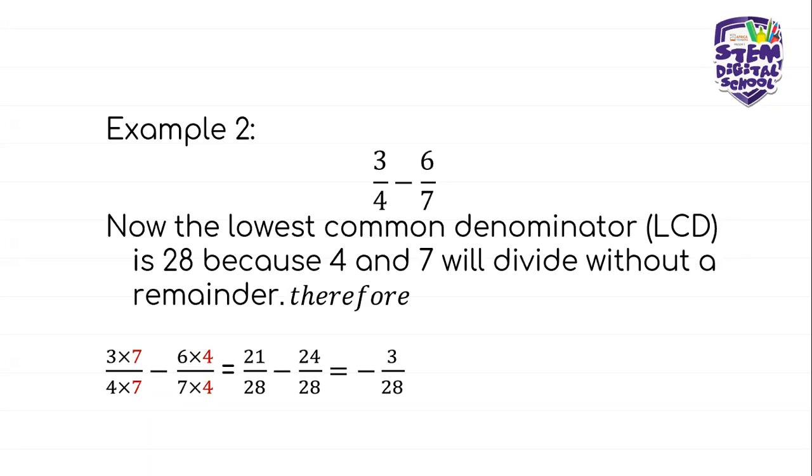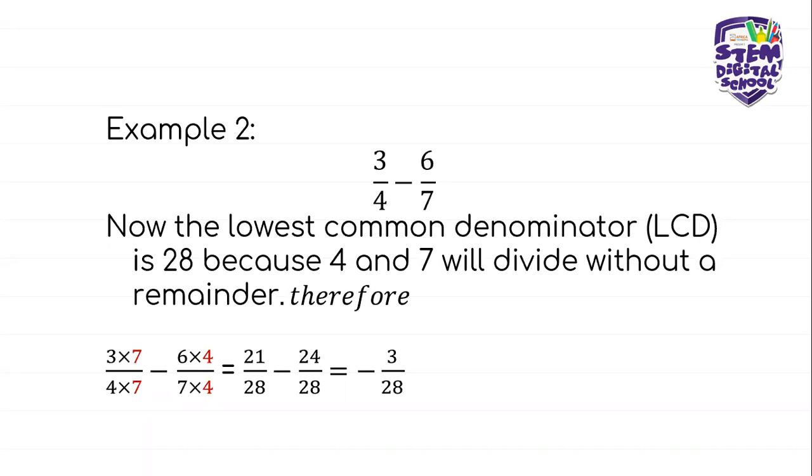I mean, 4 minus 7 is negative 3, and 3 minus 6 is negative 3 as well. So the learner will say the answer is negative 3 over negative 3, which will probably give a negative 1. So that cannot be correct.